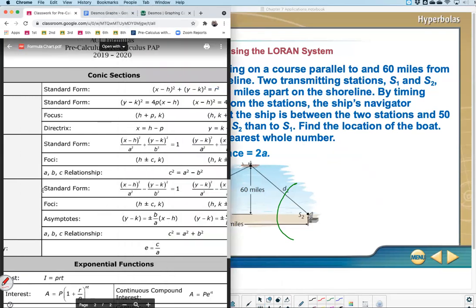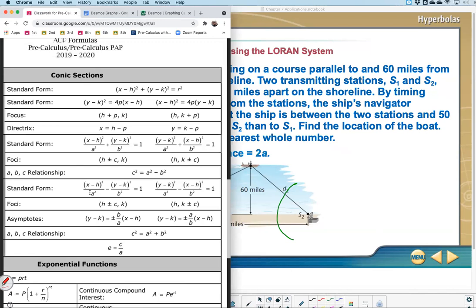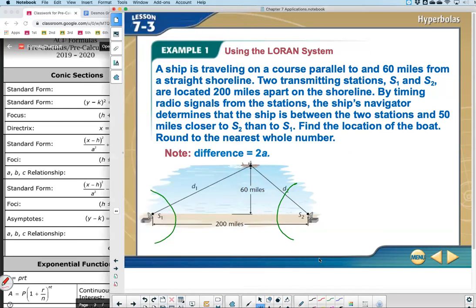Horizontal hyperbola. We want the horizontal one. That means the a squared is underneath the x. So I'm going to take that formula: x minus h squared over a squared minus y minus k squared over b squared equals 1.